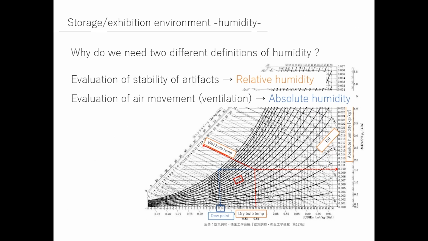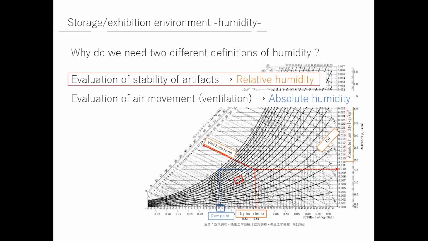So why do we need two different types of definition of humidity when thinking about the preservation of cultural properties? That is, because the effect on artifacts is different for each type of humidity. In order to examine the stability of artifacts, that is, whether the water content of an artifact is stable, or whether it has absorbed or released moisture, it is necessary to evaluate the relative humidity in the environment.